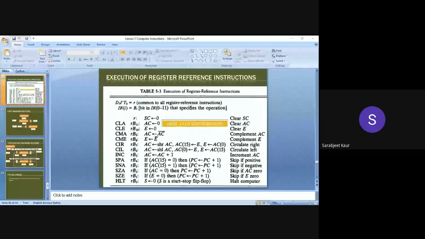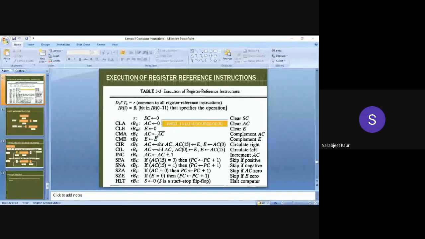Yes. Now, if you remember, we had decided in this instruction format that you see here that these 12 bits will signify the address of the operand in case this is a memory reference instruction, right?